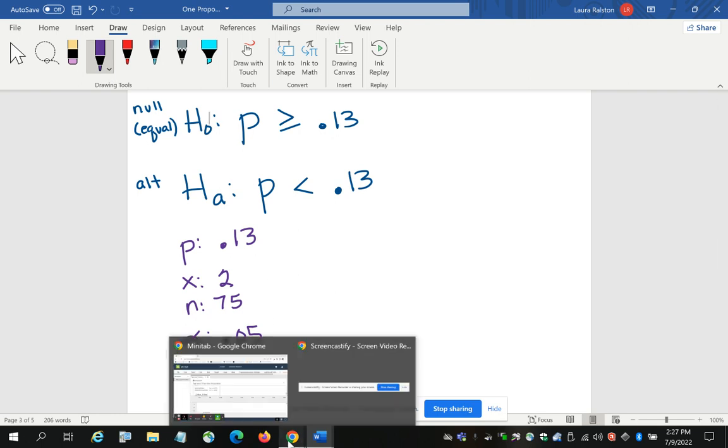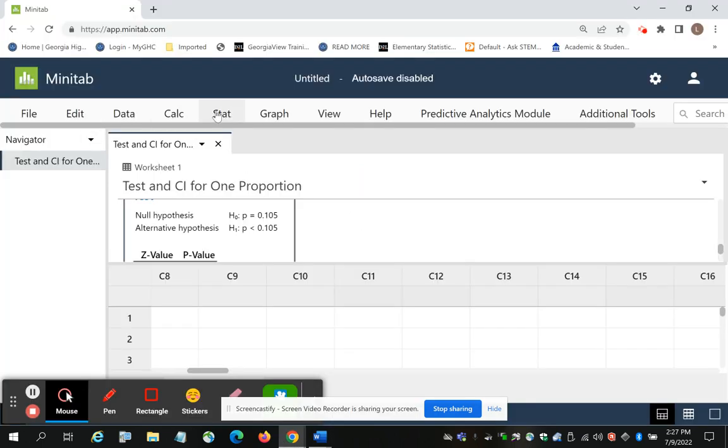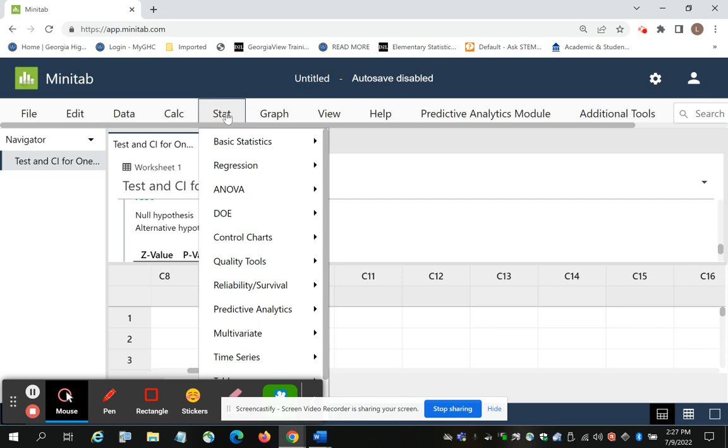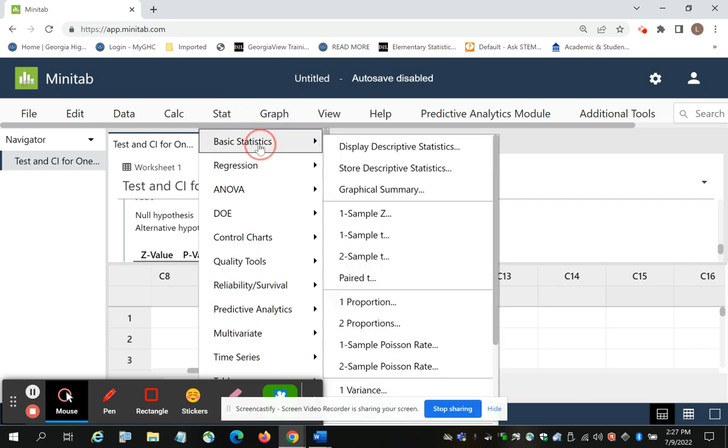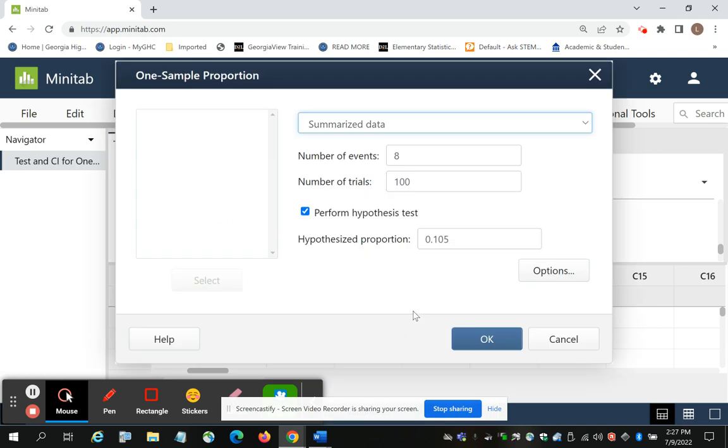So I've collected all the information from the problem. I'm going out to Minitab. Again, we go Stat, Basic Statistics. It's a one-proportion test. We're using summarized data. We had 2 people indicate they had seen or sensed the presence of an angel out of the 75 surveyed, and our proportion is 13%.